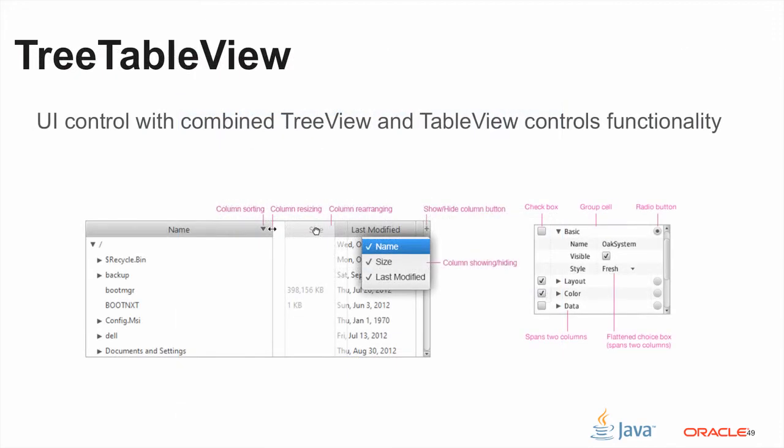Another control that was added is called a TreeTableView, and that combines the TreeView with a TableView so that you can expand and contract in a tree fashion different rows, and each one of those nodes, the rows, can contain multiple columns. So it combines the best of both in a TreeTableView.